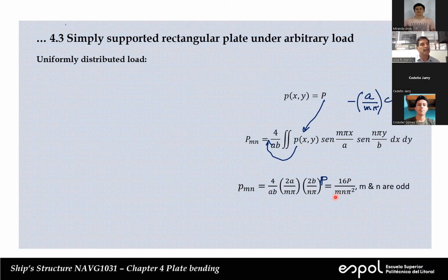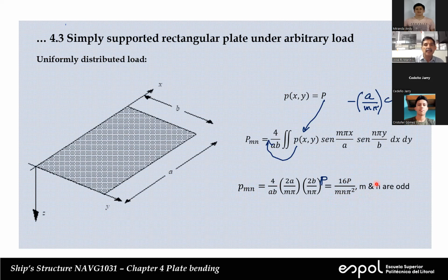For example, if you take this equal to 1 million, it's going to be very small, negligibly small. So in general, we cannot expect to have 20 terms for this expansion. Probably we need maybe 5 or 6 or something like that in order to have these values here. If you go on, yes, you can do it. But since you are dividing this by m and n, the result is going to be very small, in general negligible. So that's your answer. And please, m and n need to be odd.